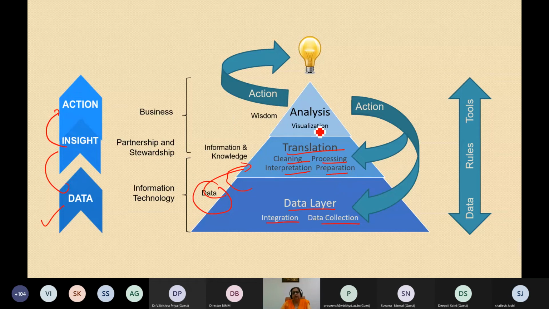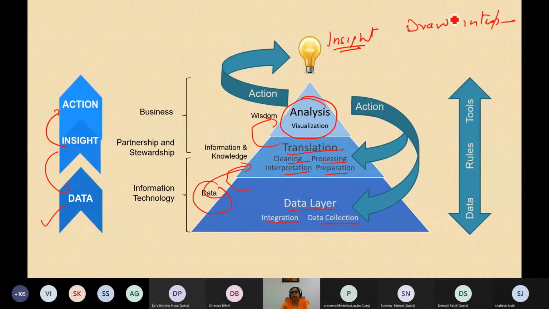And this is done to do the visualization and analysis of the data to gain some insight, to draw some interpretation, or to draw some inference out of that data, which helps you in planning. This is all done using the data.